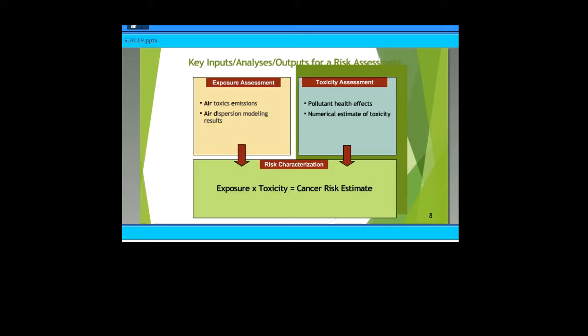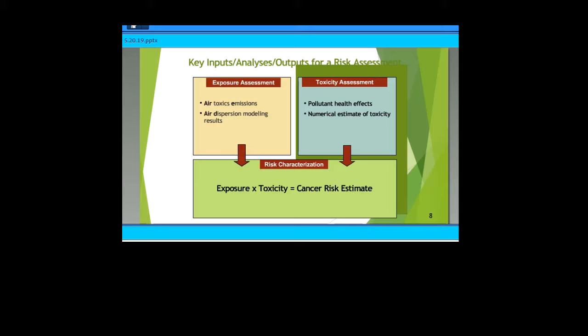The kinds of analyses we do under toxicity assessment is we have to understand, again, what health effects the pollutant causes, cancer effect and non-cancer effect, and then we have a numerical estimate of toxicity that's developed. And at the end of the day, for air toxics risk assessment for cancer, we multiply exposure times toxicity, and we get the cancer result.